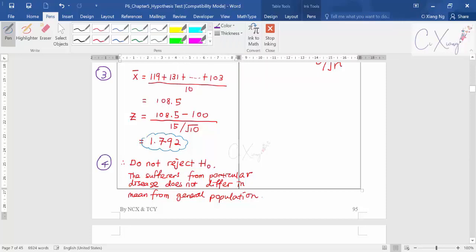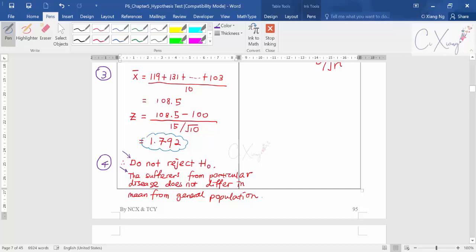Again, because the test statistic is located in the acceptance region, our decision is do not reject the null hypothesis. After that, you need to put another sentence about the conclusion that you want to make for this test. This is step number 4.